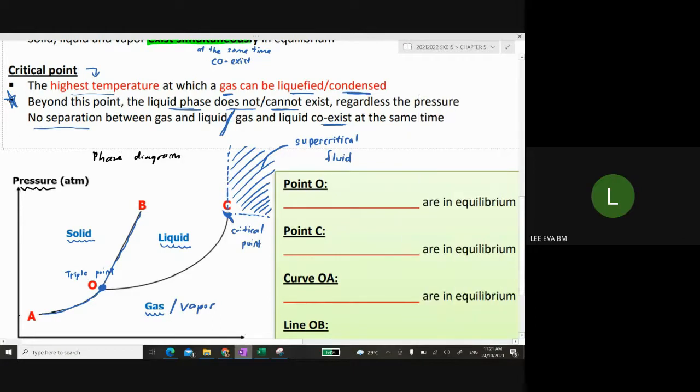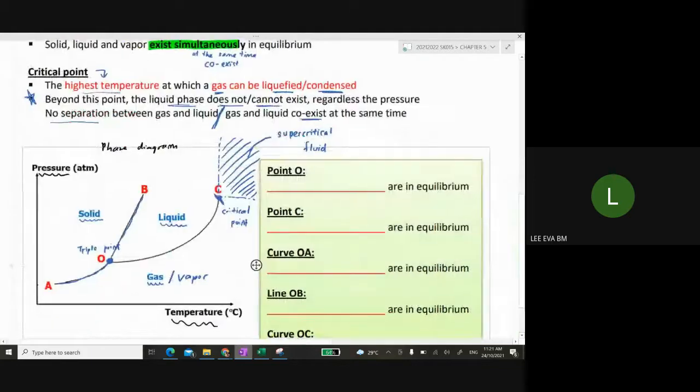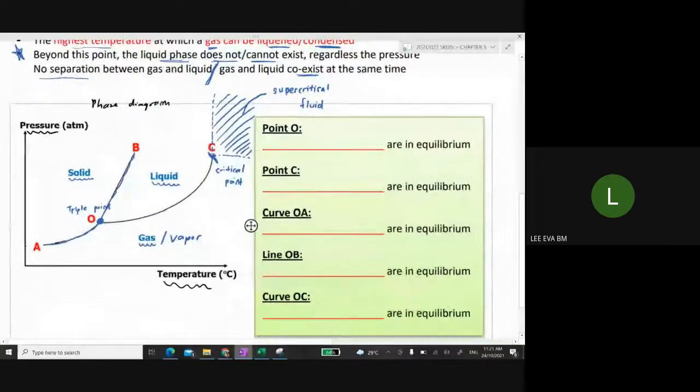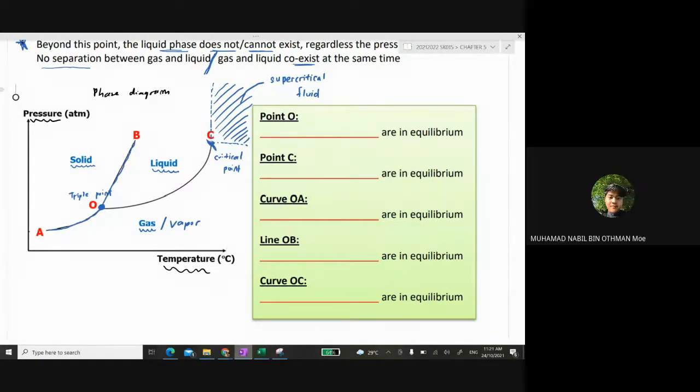Okay, so we have our critical point, we have our triple point. Please recognize also the definitions over here. Okay, so let's go back to your phase diagram. We recognize one by one, yeah? If let's say I have point O, what phases can you find? All of them.